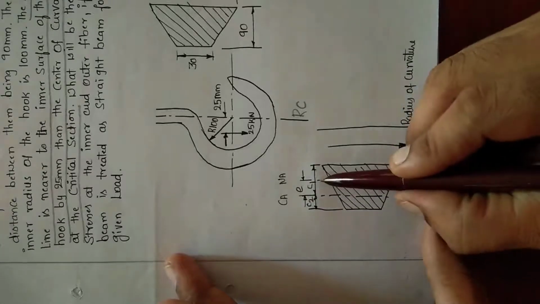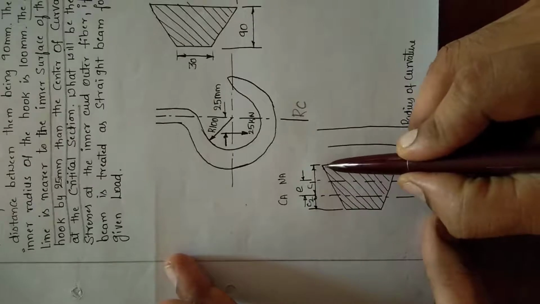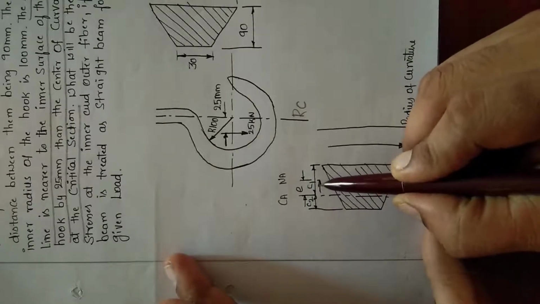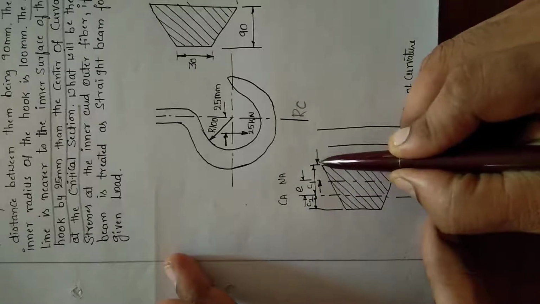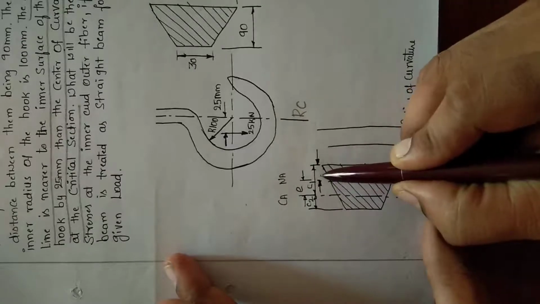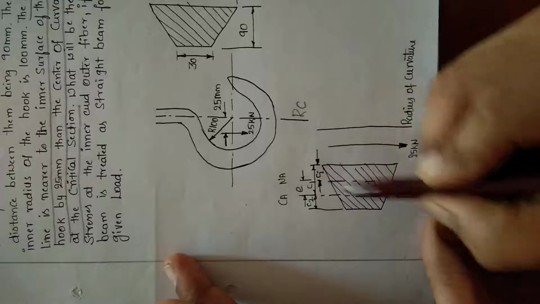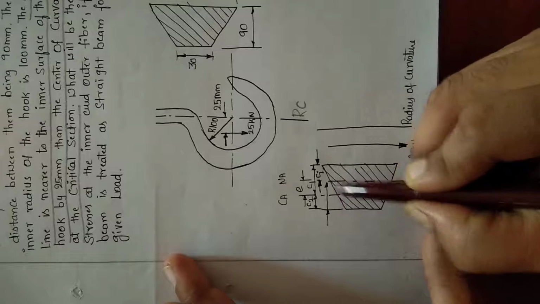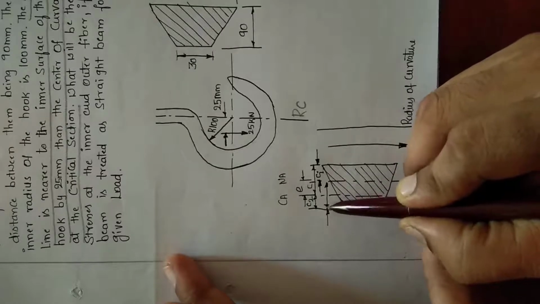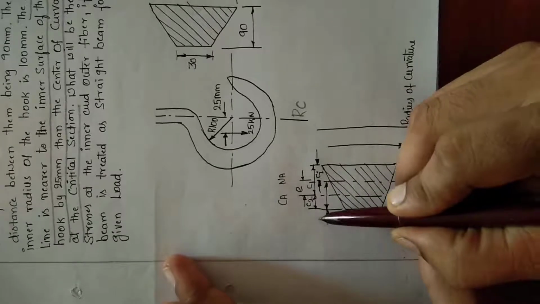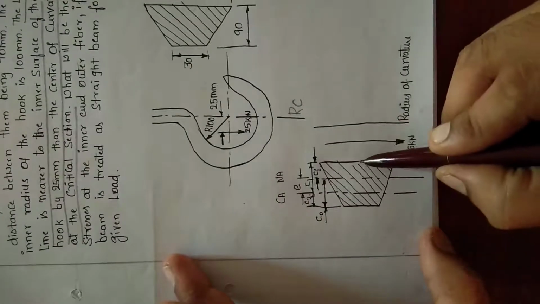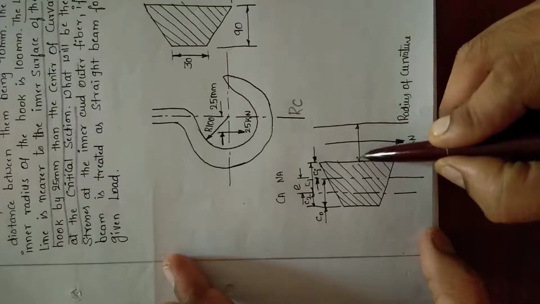Considering the neutral axis, the distance from the inner fiber to the neutral axis is ci, and from the outer fiber to the neutral axis is co.